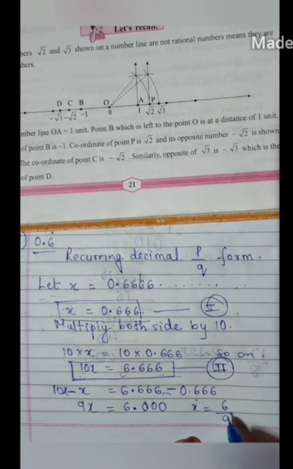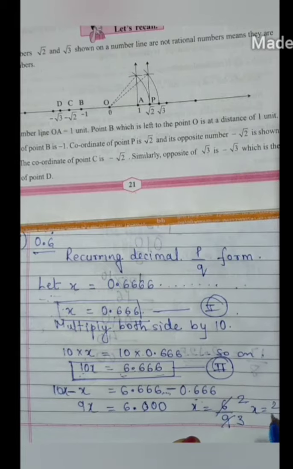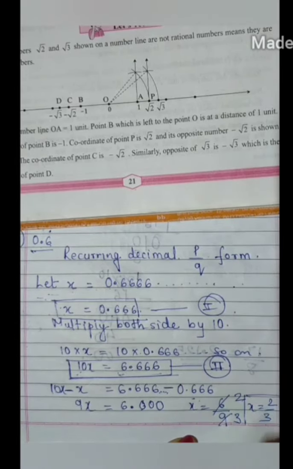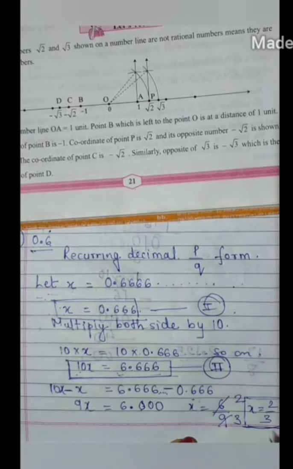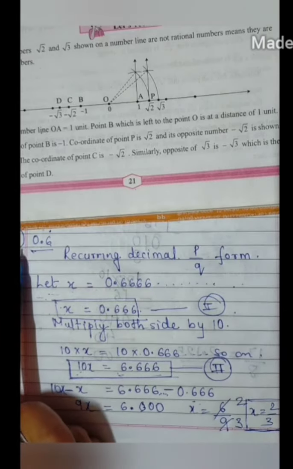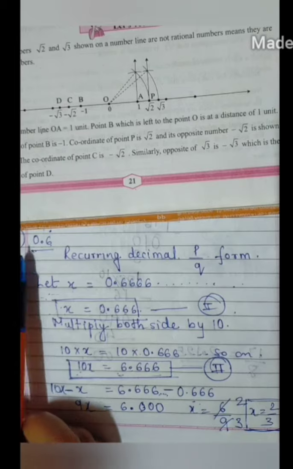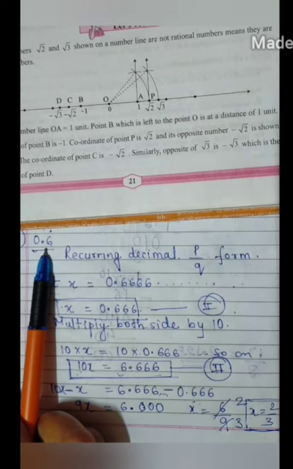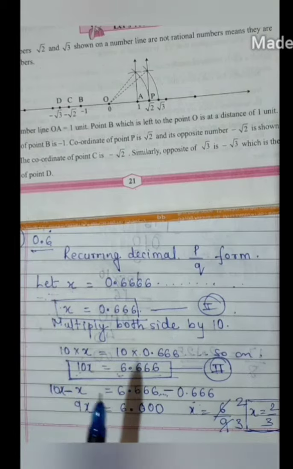Okay. Now this will be 2, this will be 3. Now we got x is equal to 2 upon 3. Now we got the answer in P upon Q form for question number 1, 0.6. Okay student, we solved this.